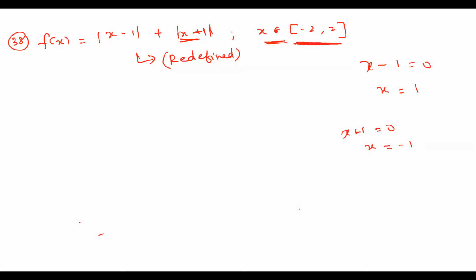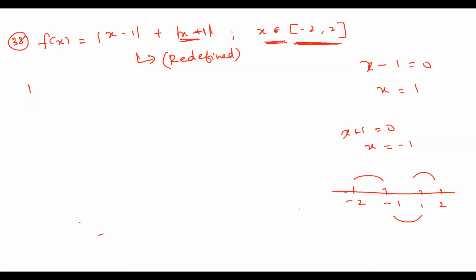Minus 2 to 2. So on the number line you have minus 2 and 2, that is the domain of the function. Between minus 2 and 2, you have the points minus 1 and plus 1. So I need to understand what is happening to the function between minus 2 to minus 1, between minus 1 to 1 and 1 to 2. Clear with that?